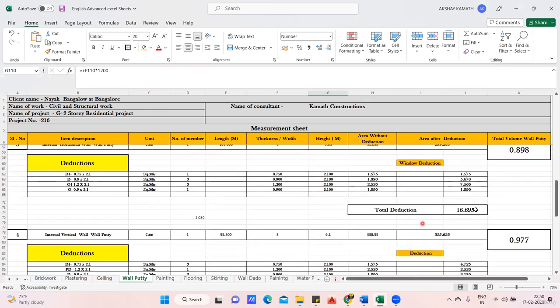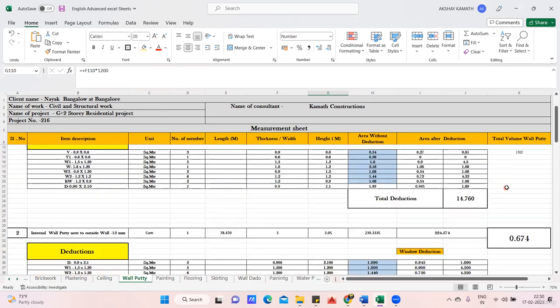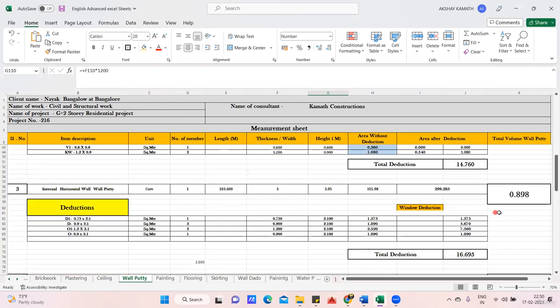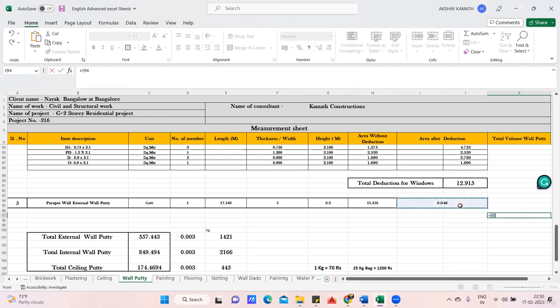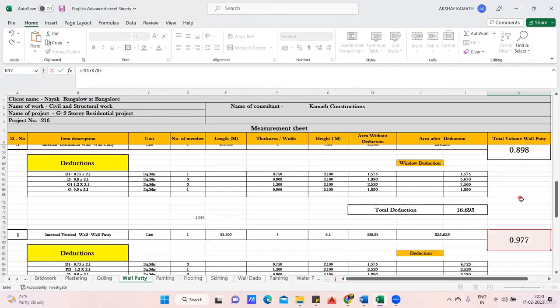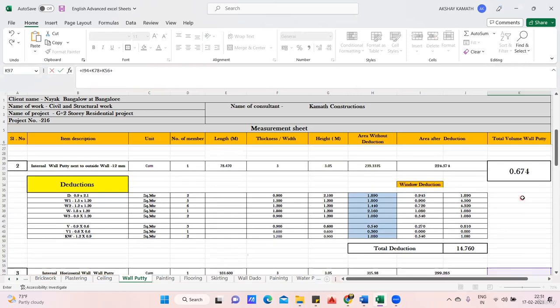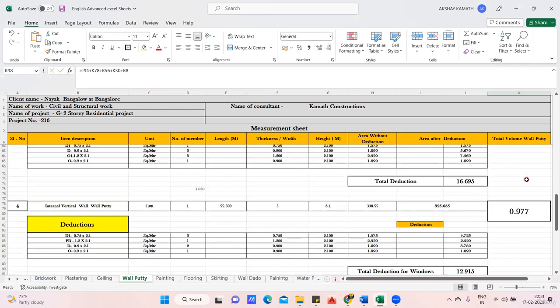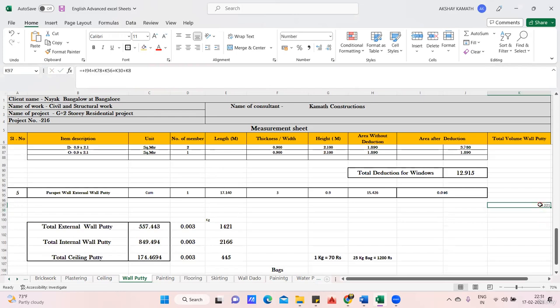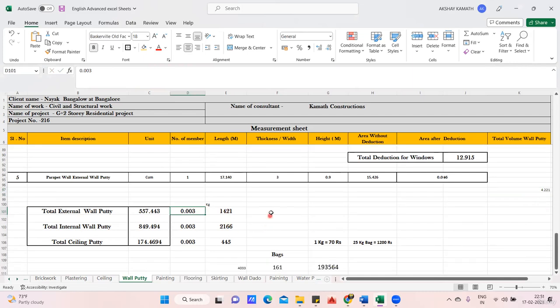So whatever calculations you have done, you just find out the total area, or even you can take the total volume, and based on that you can do the calculation. Let me roughly verify a few things. This one plus this value plus this value plus this value plus this value. So it should be 4.22.